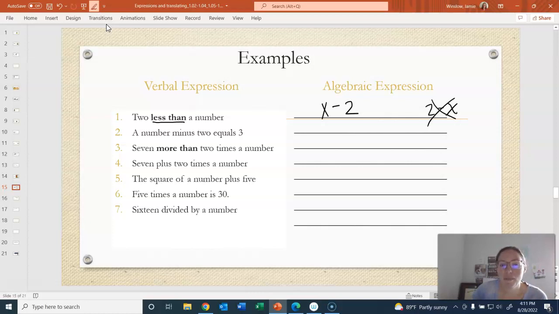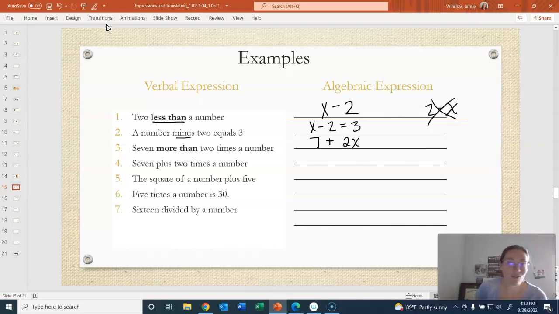All right, a number minus 2 equals 3. A number. So when you see it written like this, it's okay. It's telling you exactly how to write it. A number minus 2. It's that less than that really can trick you up. So a number minus 2 equals 3. 7 more than 2 times a number.